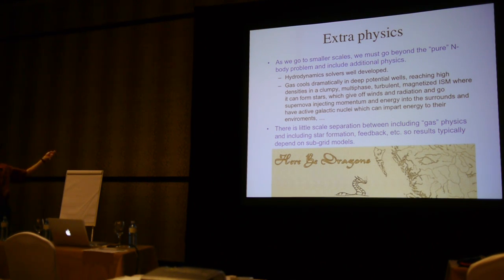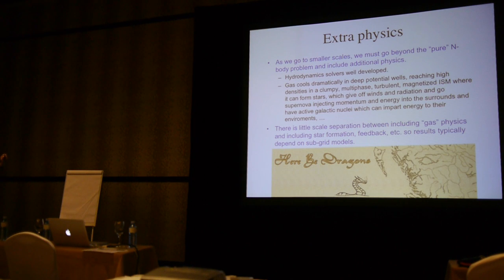The problem, as always, is that there's physics coming in here. And if you actually look at what happens in the cosmological context, the gas cools pretty dramatically in deep potential wells. As it gets dense, it radiates very efficiently, reaches extremely high densities in a clumpy, multi-phase, turbulent, magnetized interstellar medium. At that point, it gets dense enough to ignite nuclear fusion, so it forms a star. The star gives off winds and radiation in ways we don't fully understand.